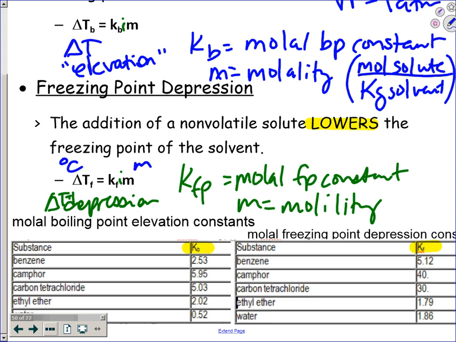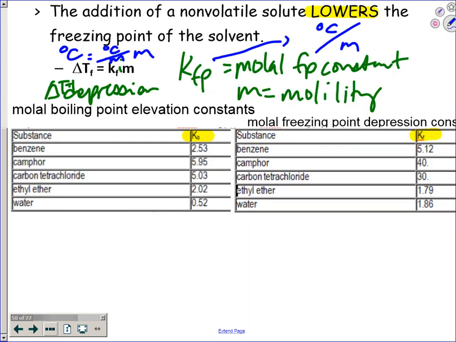If this is m, what's K? Don't break the m. Let's just keep it as m, as molality. See, so degrees Celsius over molality. Yes. So this right here is degrees C per molal. Okay, and those are constants I'll provide to you. Go ahead and write down two of them, though, because we'll use them quite frequently.